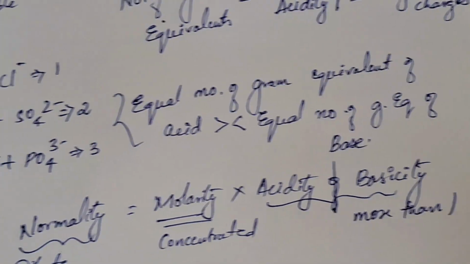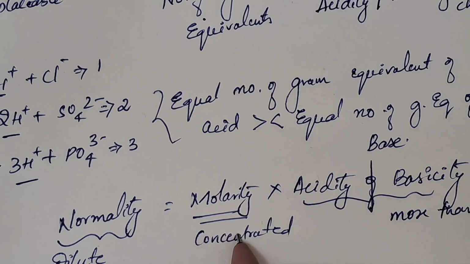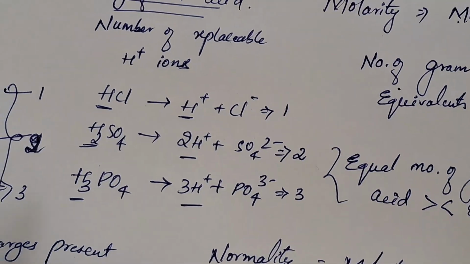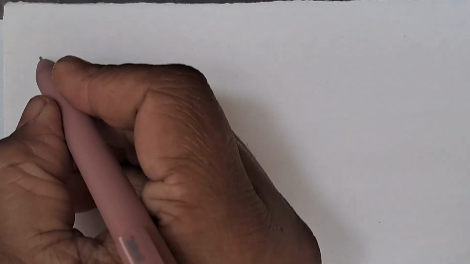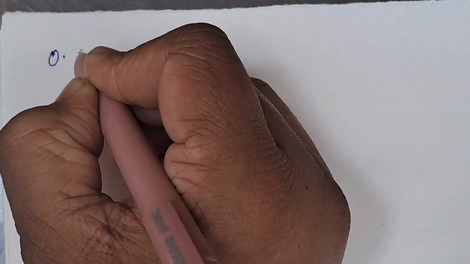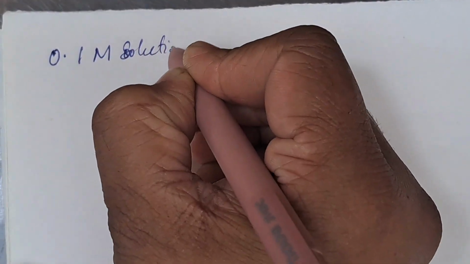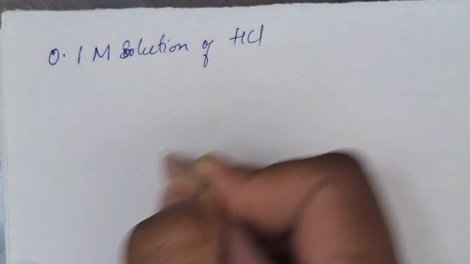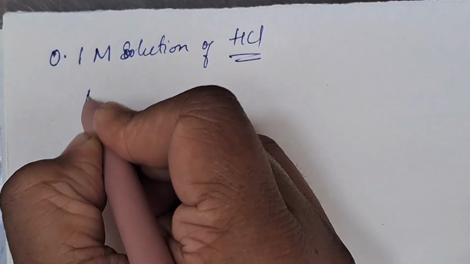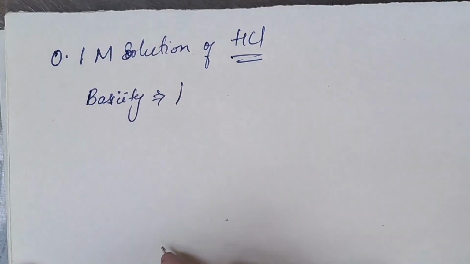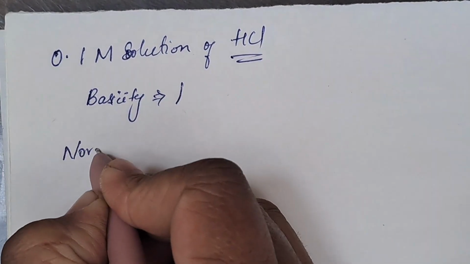If it is equal to 1, then normality will be equal to molarity. How is that possible? So let's see. For example, I have a 0.1 molar solution of HCl. We know the basicity of HCl is 1, right? So what will be the normality of the solution?